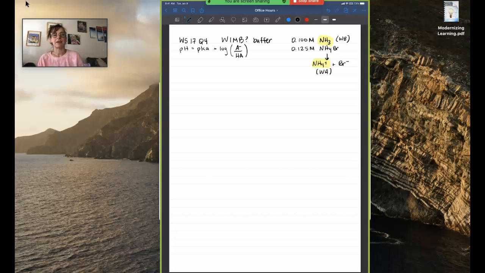When we write the equation, I generally like to write the more simplified form, where's the chemistry happening? And I don't always include those counter ions like bromide or chloride if they're just not playing a role in the whole reaction. So we have a weak base, weak acid, and we will be adding HCl.